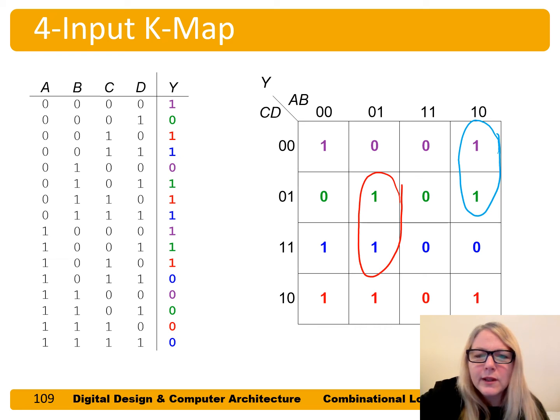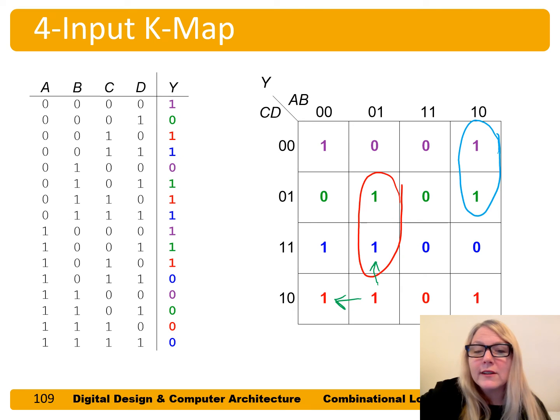So this one here can't go to the right. Can't go down because there's a 0 there. But we could go to the left and up. So we could go this way and we could go that way.